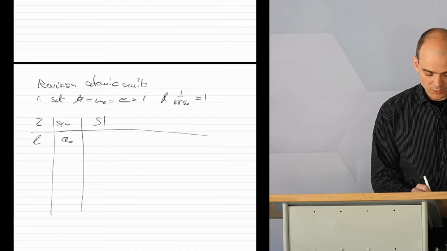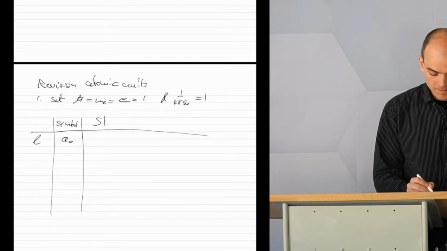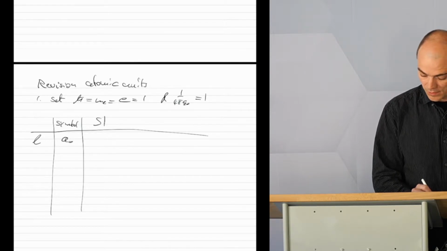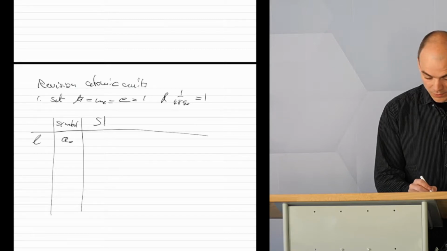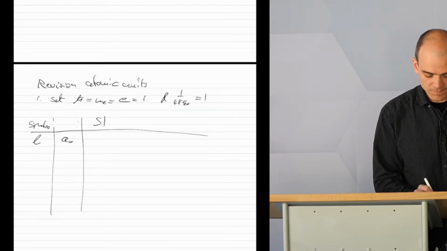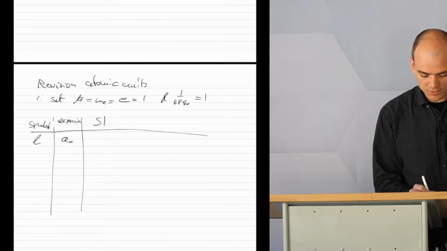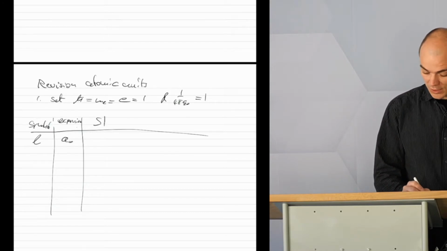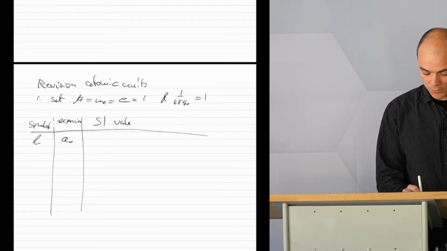So this is the symbol of the unit, and then we have here an expression. Okay, and then the SI value.